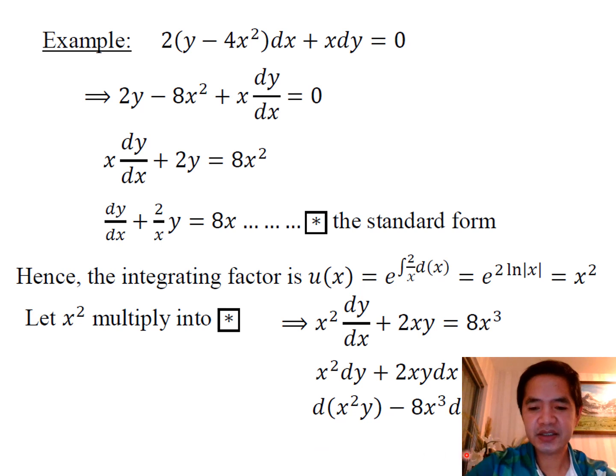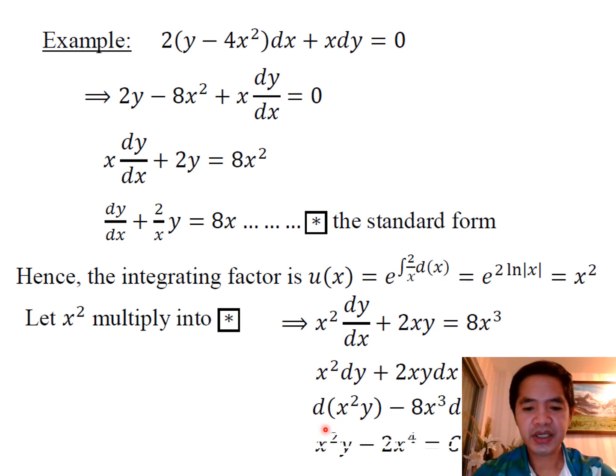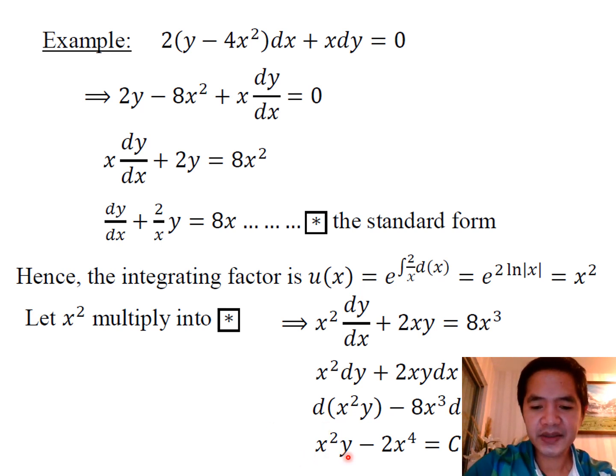We do the integration of this form, and we can get the final answer, which is x squared y minus this one. Doing the integration, we get x to the fourth over 4, and 8 over 4 gives us 2. This is the final answer.